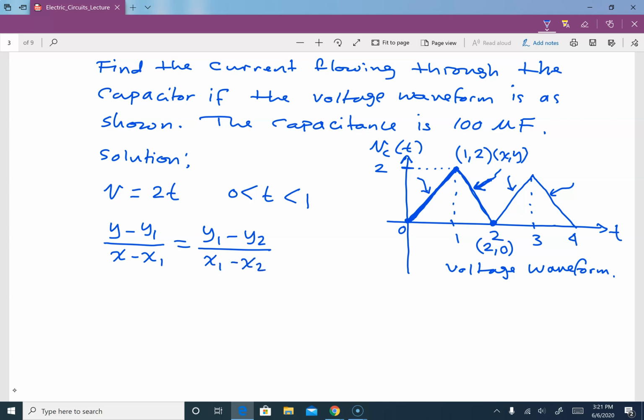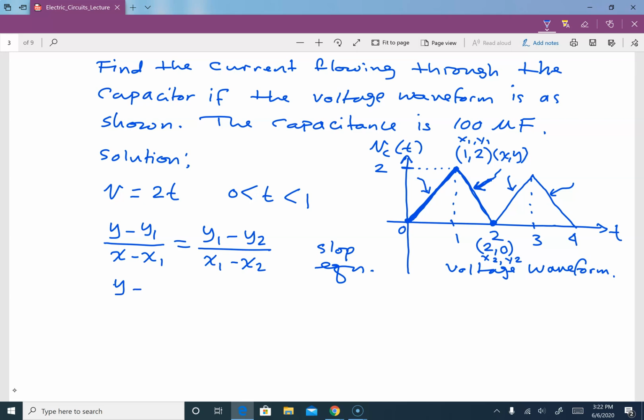This is, if you remember, the slope equation. So now, if I call this x1 and y1, and this over here x2 and y2, then we can substitute.